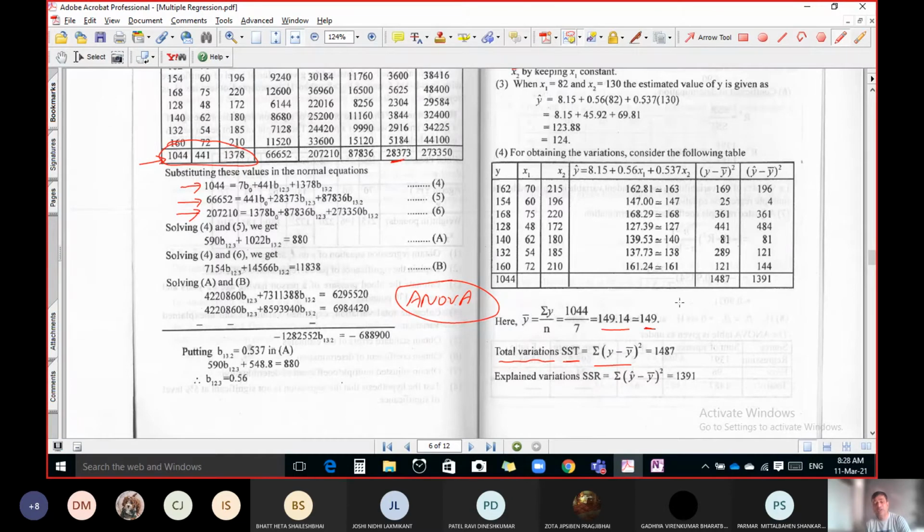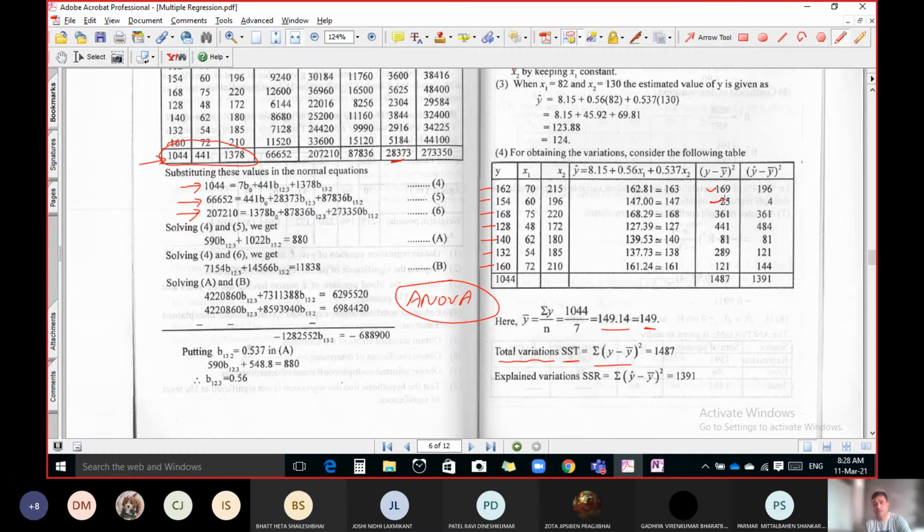Roughly, for simplicity, you can write 149, rounded off. Now subtract 149 from each of these values, take its square and add. So 162 minus 149 is 13, and 13 square is 169. 154 minus 149, that is what?